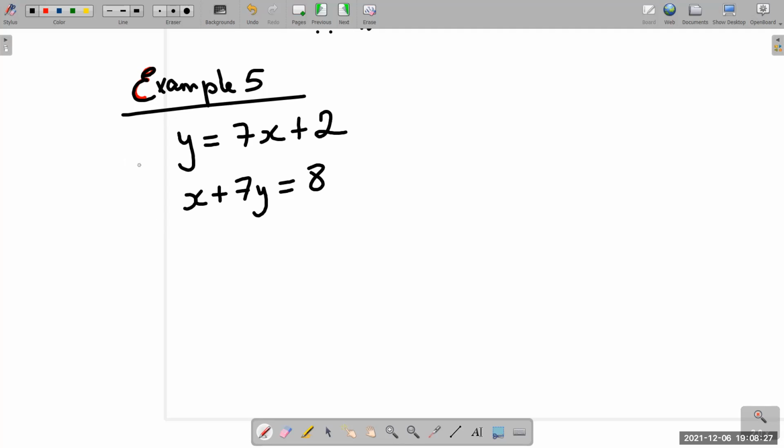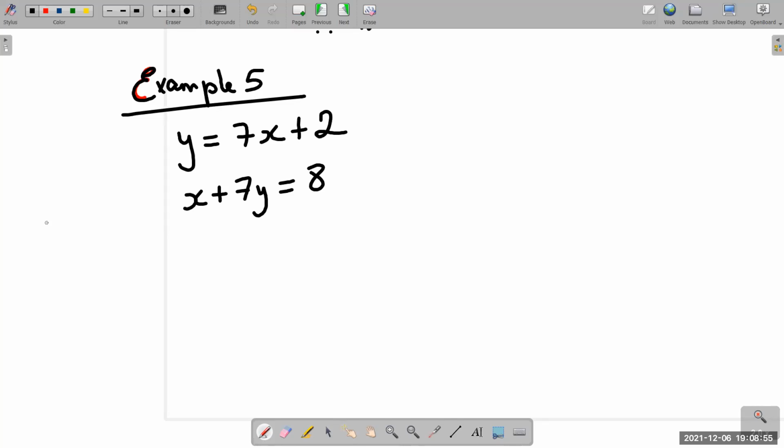Which equation needs to change, the first one or the second one? Excellent. My next question is, what's the first thing we need to move? We need y to be in front by itself. So before we deal with the y, what must we get rid of first?